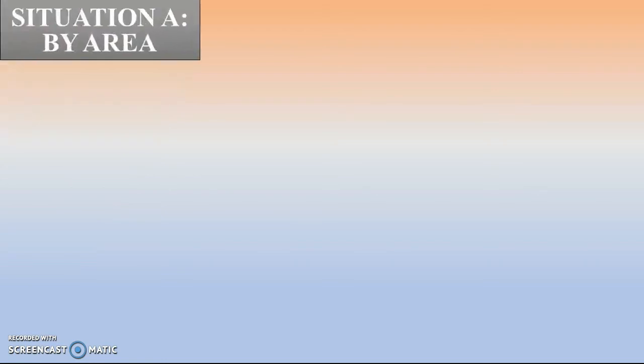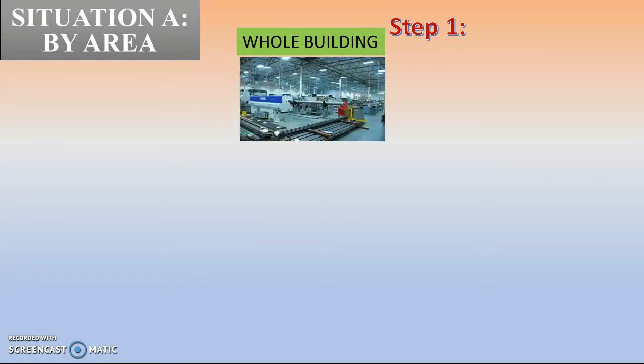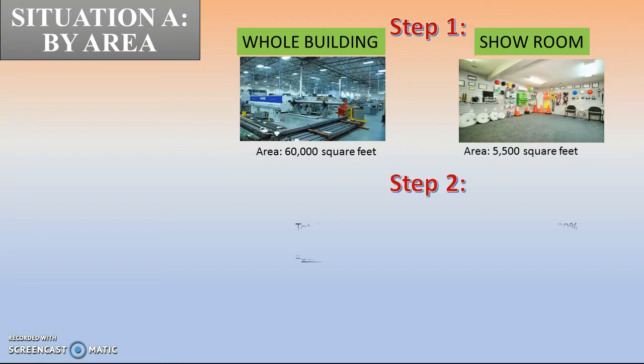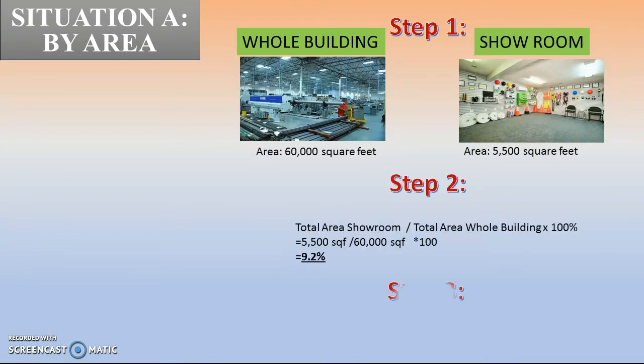Okay, so let's move to another example, by area. As usual, step 1, you must get the total area of the whole building, and then the total area of the showroom. Step 2, you divide it: total area of showroom divided by total area of whole building times 100%, and you will get 9.2%.